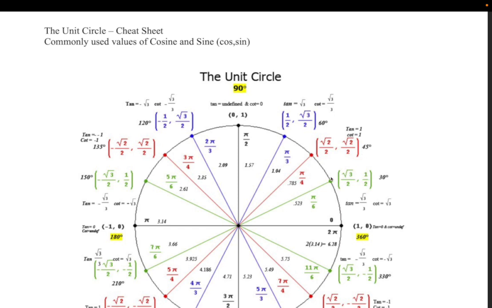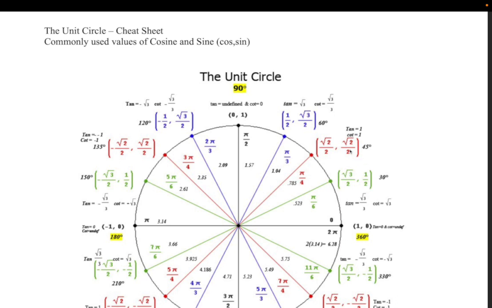So what this is telling you is that the cosine of pi over 6 is the square root of 3 over 2, and the sine of pi over 6 is 1/2. Equivalently, the cosine of 30 degrees is the square root of 3 over 2, and the sine of 30 degrees is 1/2.